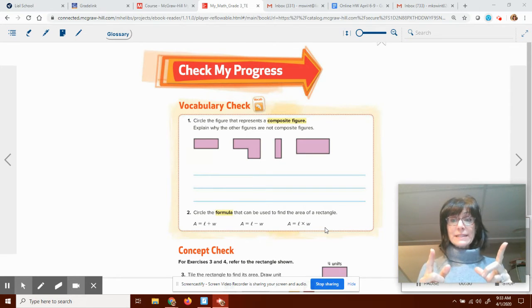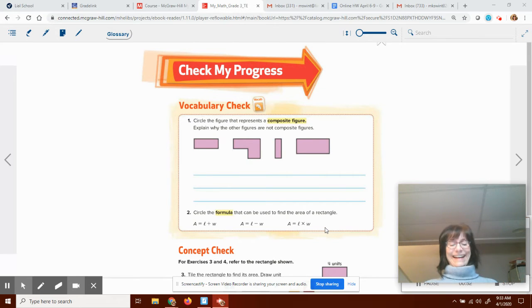So before we get started, though, let's go ahead and do our joke for the day. Well, Mrs. Swin's getting a little hungry, so I chose jokes that are about food today. My first joke is this. What do you call cheese that isn't yours? Nacho cheese. Ha ha ha.